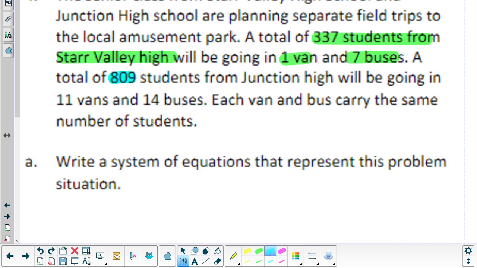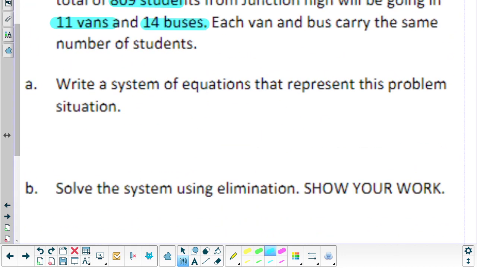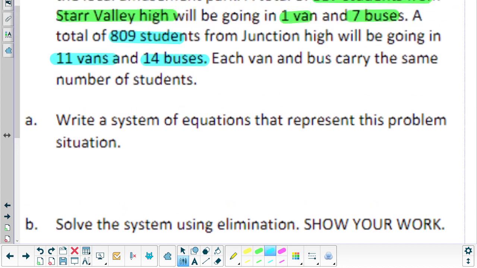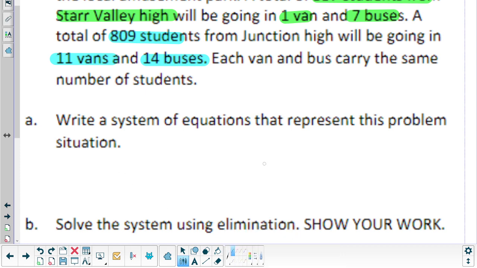A total of 809 students from Junction High School will be going in 11 vans and 14 buses. Assuming each van and each bus carry the same amount of students, we're going to figure out how many students fit on each van and each bus, okay? Each van and each bus carry the same amount of students. Write a system of equations that represent this problem.